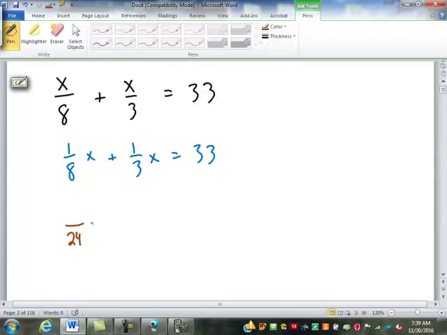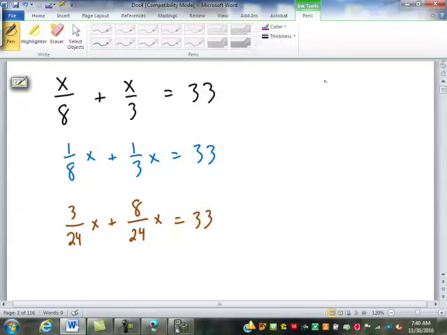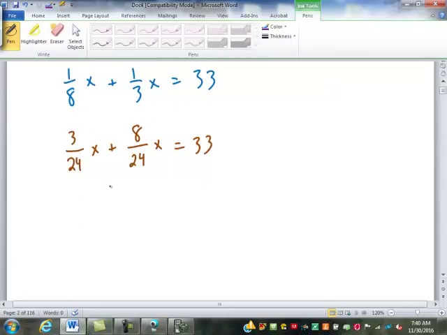24. So 1/8 is 3/24. 1/3 is 8/24. Then what? 3 and 8 make 11/24 x.